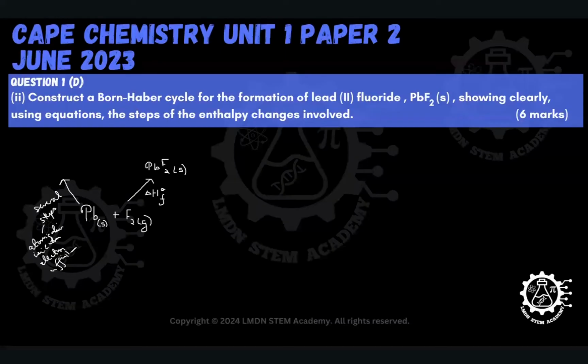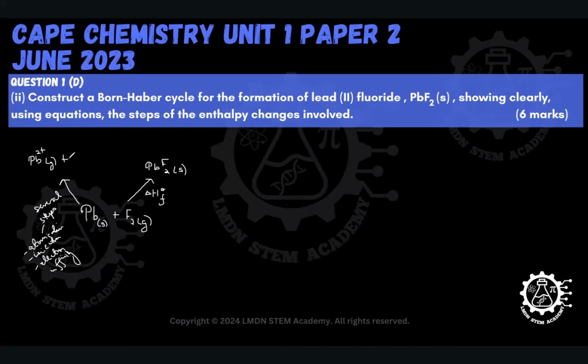And once we go through those steps, after we've gone through atomization, ionization, and electron affinity, we're going to end up with gaseous forms of these, okay? And so what we would end up with are the gaseous ions. And so those would be Pb2+ in the gas phase, right?